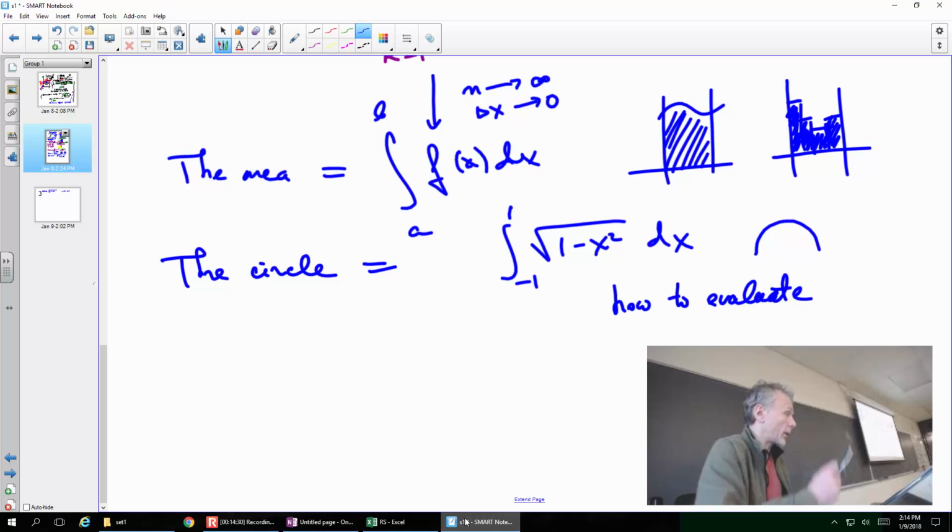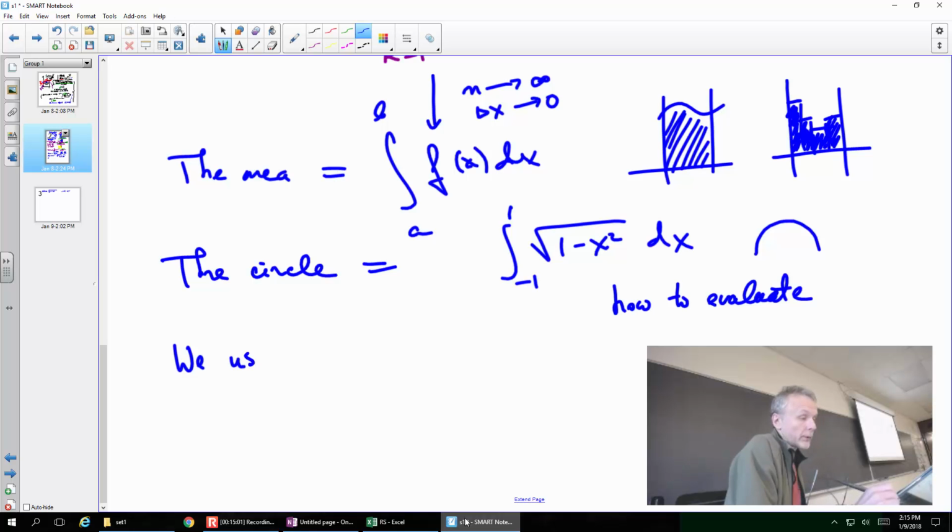If you took Calculus 1 last semester or at some point in the past, usually this is not something that you can easily evaluate with an obvious method that's available. The most important method of integration is substitution, and the substitution works. So use substitution. We don't have other methods.